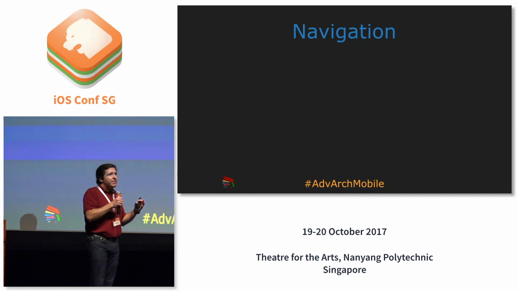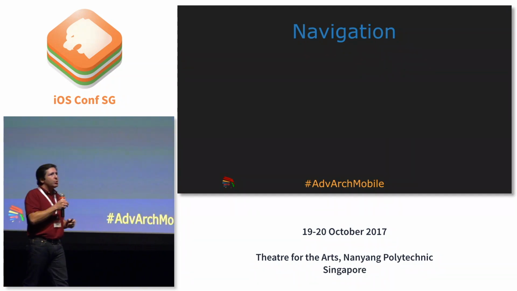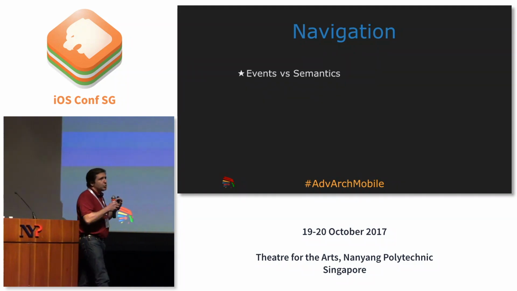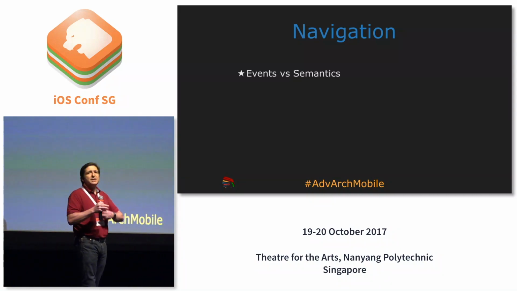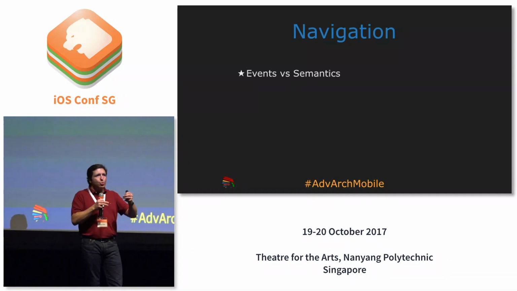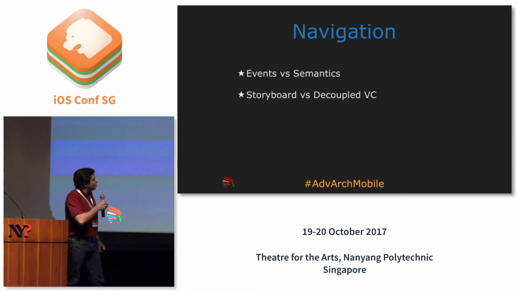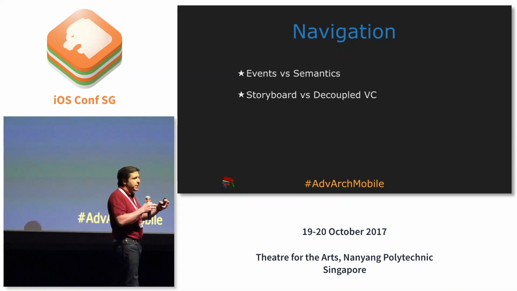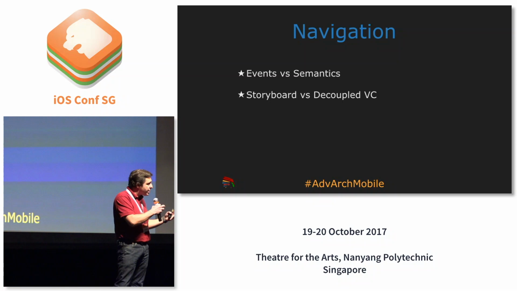If you want to have a navigation solution that does this properly, probably you should ask yourself about things like, am I able to separate the events, the things that come from the user, and the semantics, what I want to do with those events? Am I able to have a storyboard that tells the other developers how the different views are connected together?